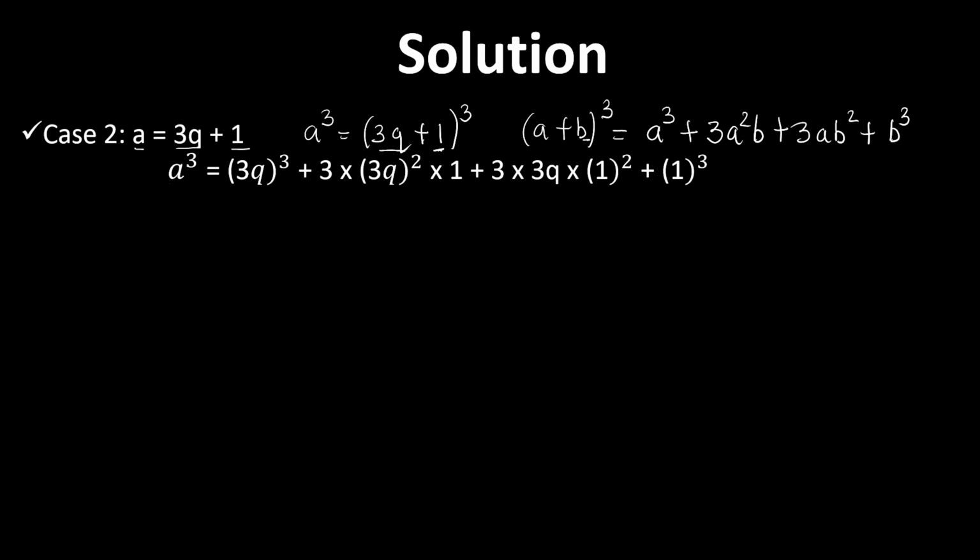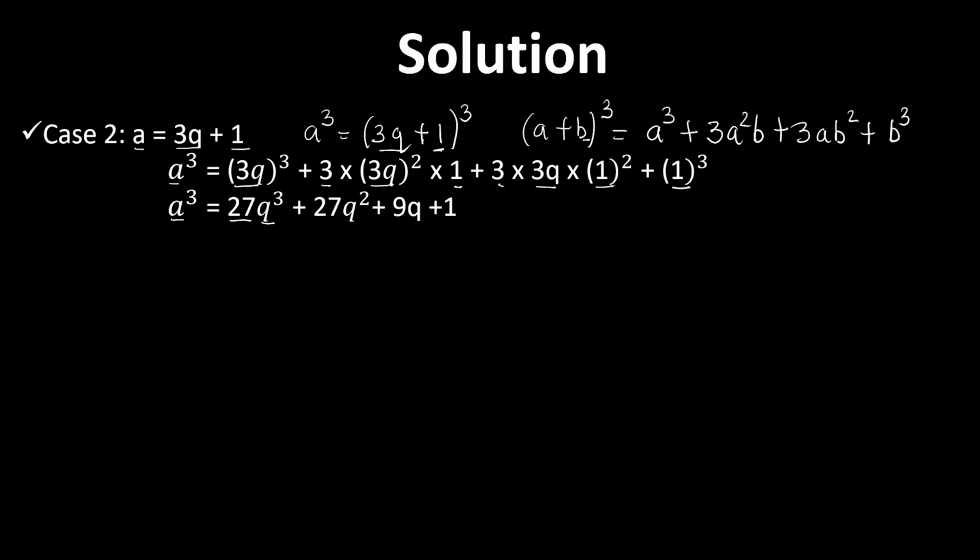So, a cube can be written as 3q whole cube plus 3 times of 3q whole square multiplied by 1 plus 3 times of 3q into 1 whole square plus 1 whole cube. So if we simplify this entire expression, we will get a cube is equal to 3q whole cube will become 27q cube.